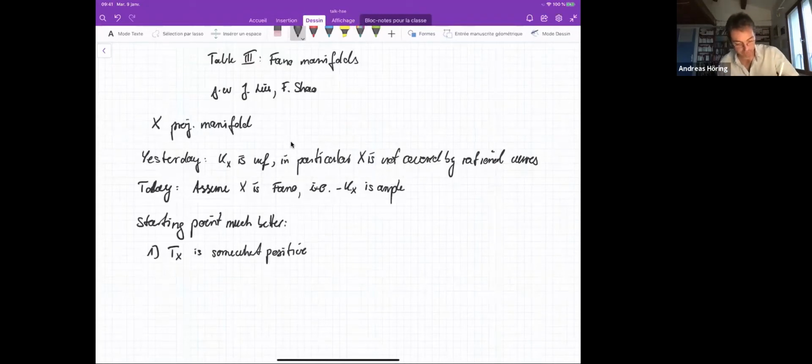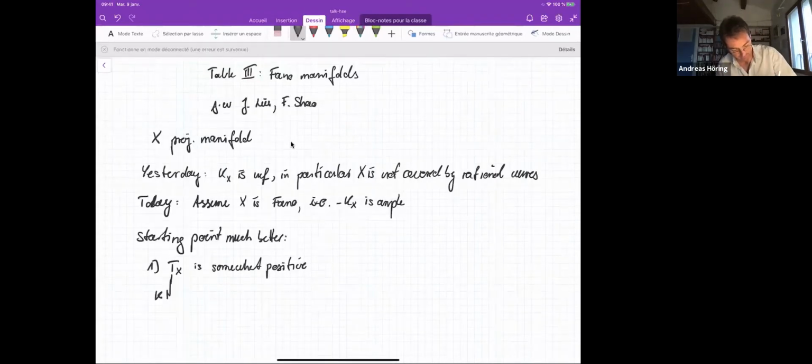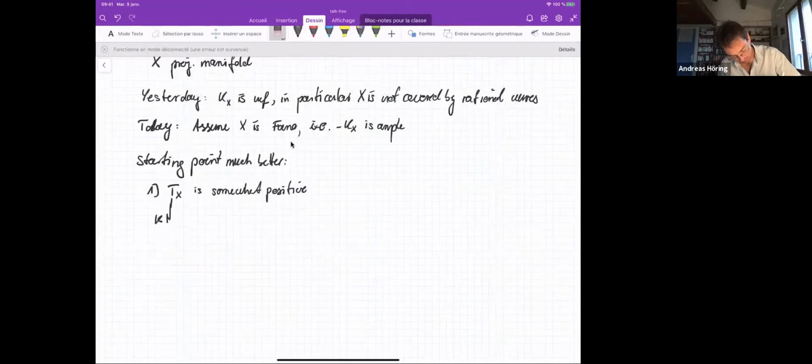You have this classical result by Kollár, Miyaoka, Mori and Campana from 92, which tells you that if you're Fano, then not only do you have rational curves on the manifold, but you really have a lot of them, and the tangent bundle is going to be positive on them. So X is dominated by rational curves.